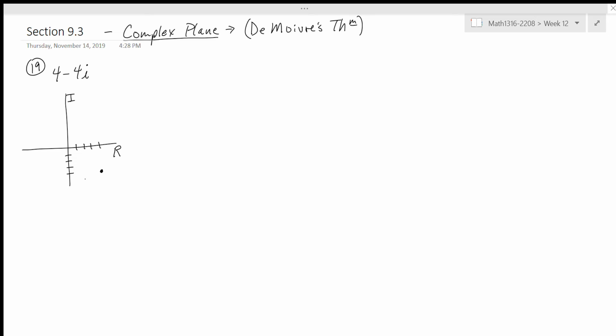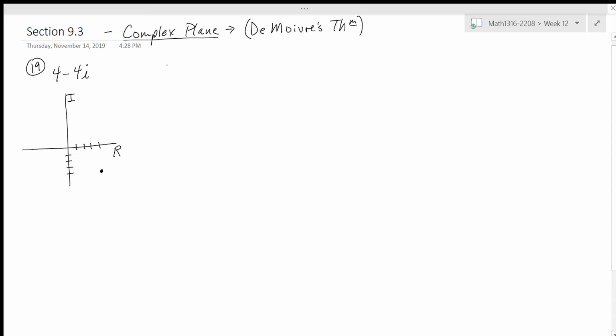Any questions? Okay, the instructions also say write the number in polar form, and we're going to have to know how to convert from standard form to polar form. And so that means we're going to need a formula. Okay?